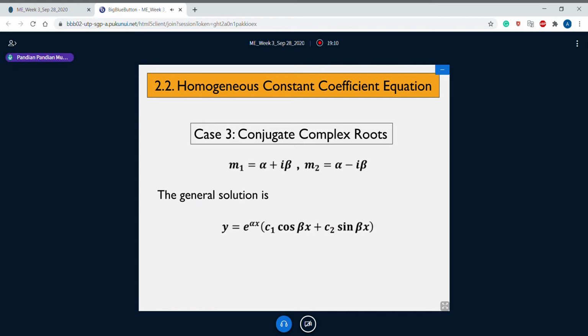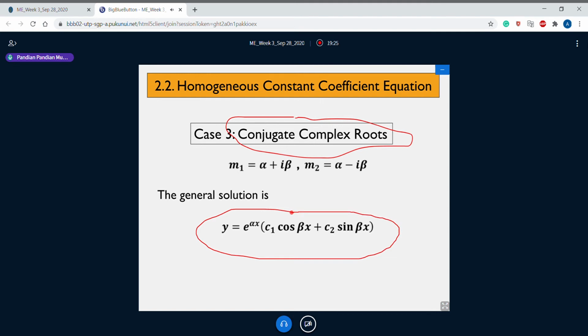For case 3, this one is for the conjugate complex roots. There is a strong theory behind how they form this solution, so we just quote the final general solution here. If m1 is alpha plus i beta, m2 is alpha minus i beta, then the general solution is y equals e to the power alpha x. This alpha goes inside here.